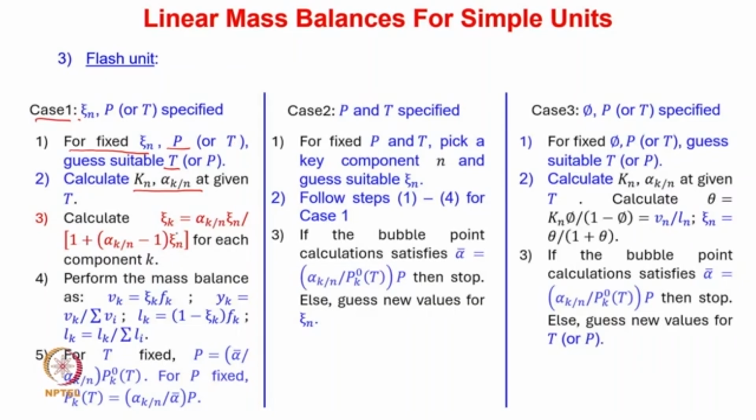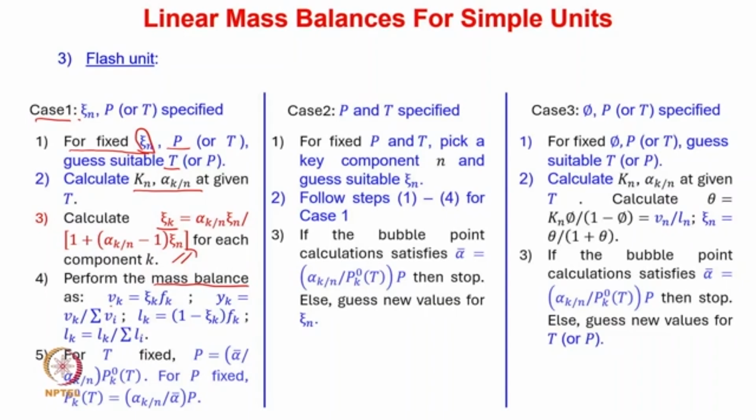Then we can calculate zeta k using this particular equation. Remember I said that once we know zeta n, this zeta n can be used to calculate the split fraction for the other components, isn't it? So zeta k we can calculate if we know zeta n using this formula. Once we know the split fraction for all the components, we can perform the mass balance.